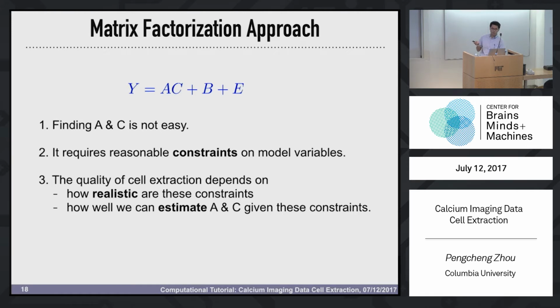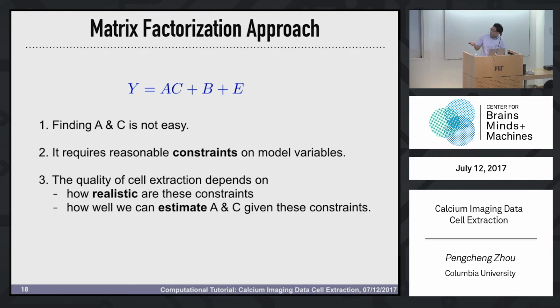By model variables, here I mean A, the neuron shapes, C, the neural activity, and B, the background. And the quality of cell extraction depends on two things. The first is how realistic these constraints are. If the constraints are not realistic, the extracted components may not correspond to real neurons. They may just be garbage components.